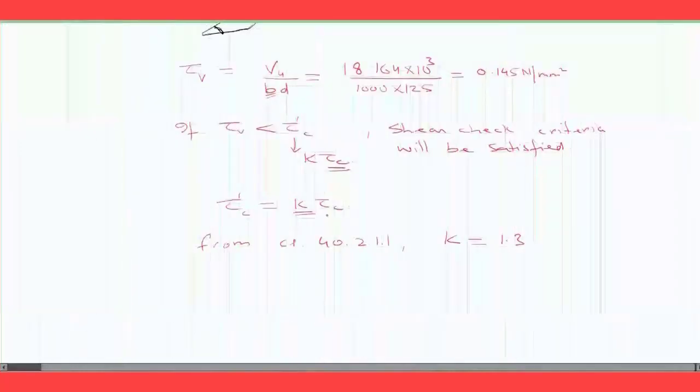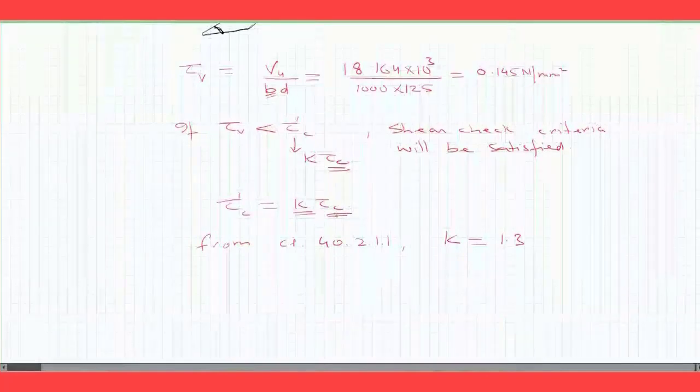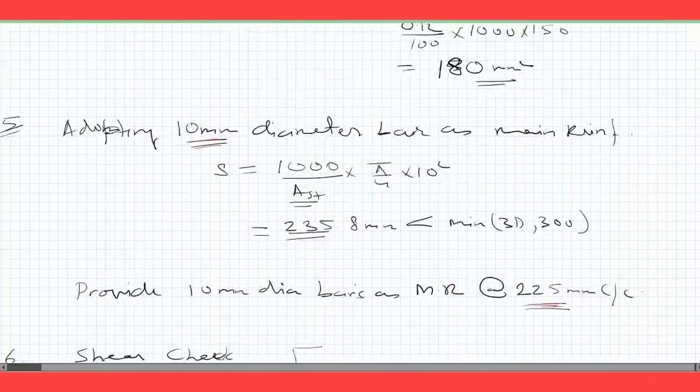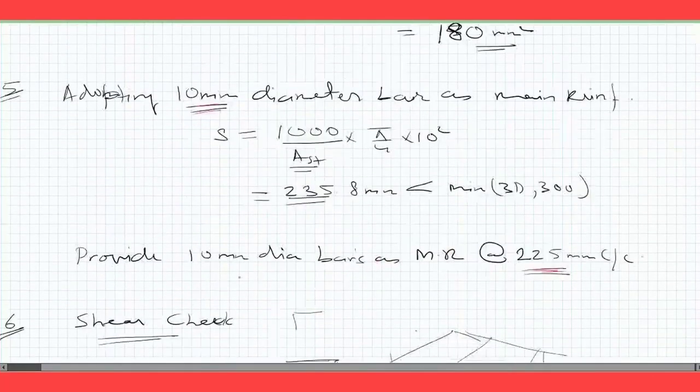What about tau c? This tau c you are going to get from table number 19, and it is based upon percentage tension reinforcement. So we will compute the percentage tension reinforcement. We are going to provide 10 mm dia bars at 225 millimeter center to center.